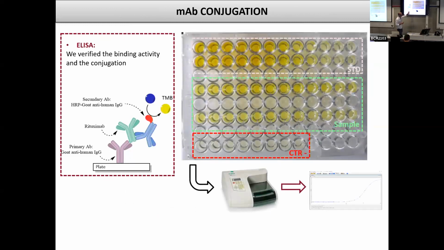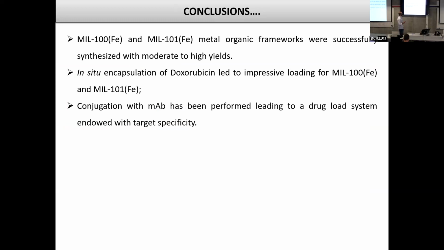And we confirmed as a last experiment the conjugation of the monoclonal antibody through ELISA experiments that take advantage of other monoclonal antibodies that are able to catalyze a reaction that we can see. And in this case, this yellow color gives us the information that the bond has been established between the monoclonal antibody and the MOF.